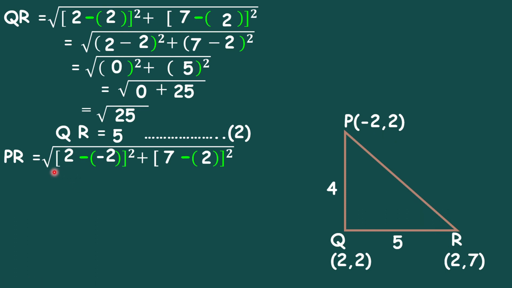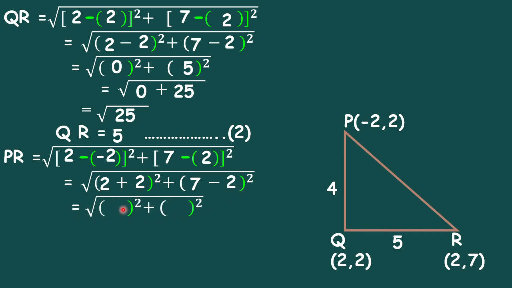Now simplify this. PR is equal to root of 2 as it is, minus into minus becomes plus 2, bracket square, plus 7 as it is, plus into minus becomes minus 2, bracket complete, its square.